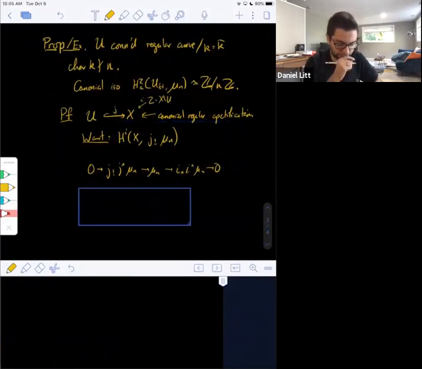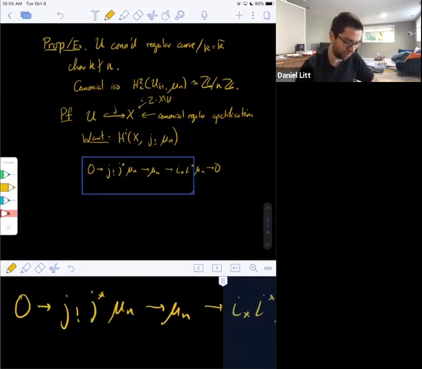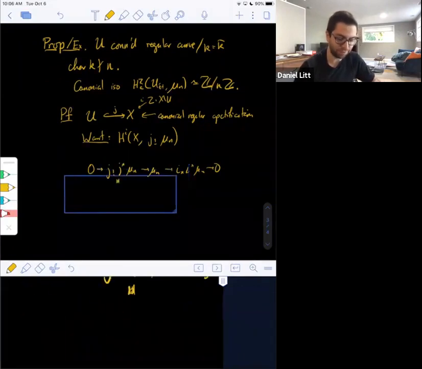Okay, so can anyone help me identify these sheaves? What is j_! of j^* mu_n? Well, what's j^* mu_n, I guess, is my question first. So this has a slightly more concrete description. I claim j^* mu_n is just mu_n. Can anyone tell me why that is?